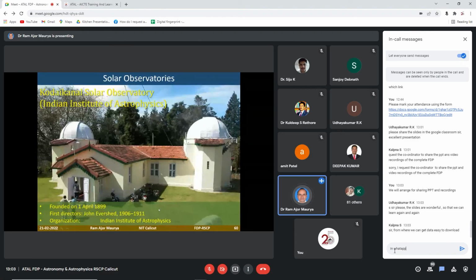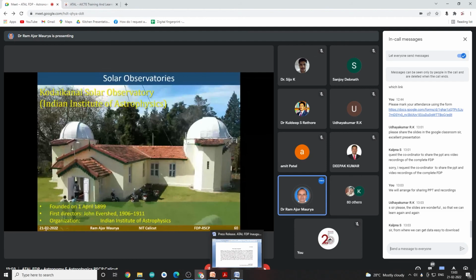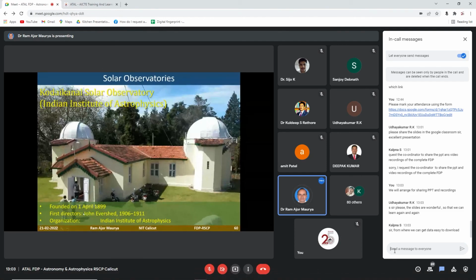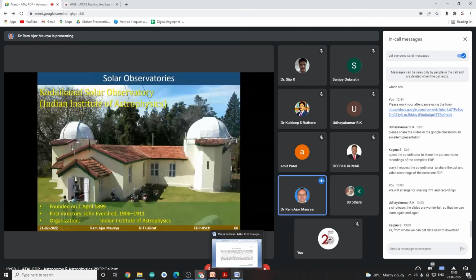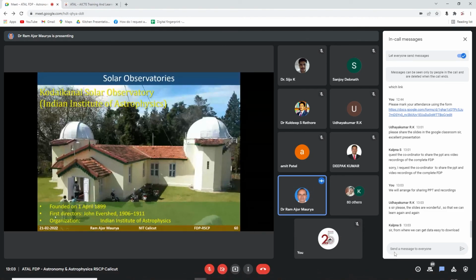There are some constraints for observations from the Earth, because these observations are contaminated by the Earth's atmosphere. Another thing is that there is a gap in the observations because of the night.